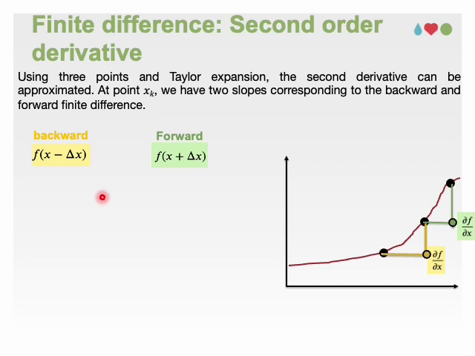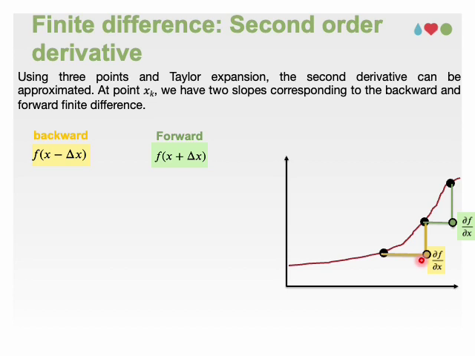The green point shows the derivative of f at the midpoint between xk and xk plus 1, while the yellow marker resides at the midpoint between xk minus 1 and xk.